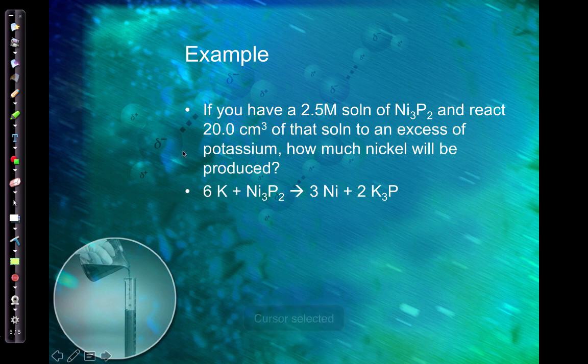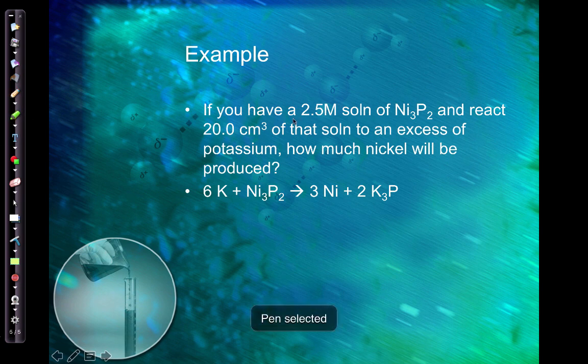All right, so if I have 2.5 molar solution of nickel phosphide and it reacts with 20 cubic centimeters, so I take 20 milliliters of that solution and I react it to potassium, how much nickel will be produced? Okay, so we have a little bit more information here.